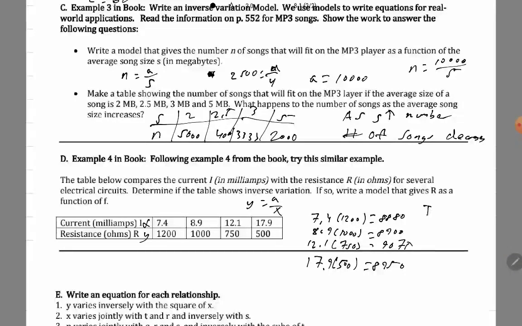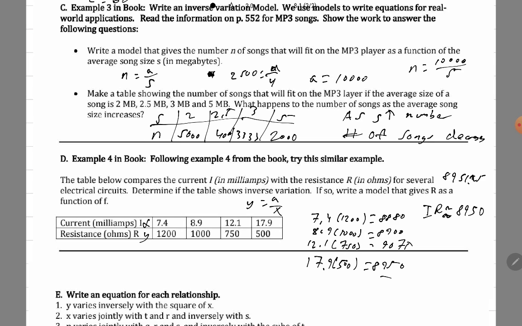So we could say IR is approximately 8,900. So I got 8,951.25. Use an easier number on yourself, 8,950. You can use 8,900. They're all around that number. So note that I use approximately because not all these numbers match. So what I did is I added them all up and divided by how many there are, taking the average.